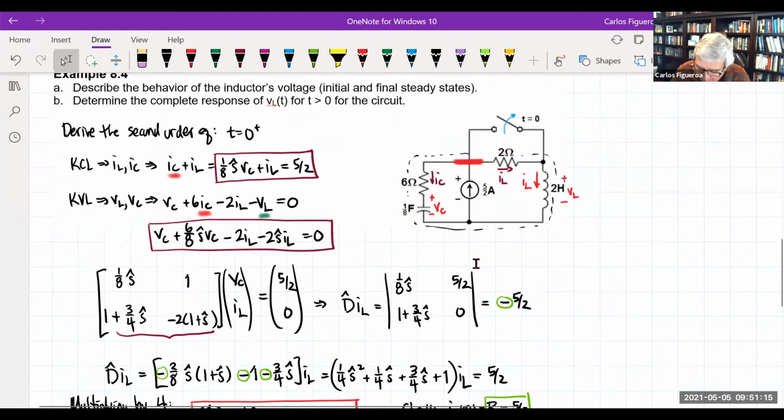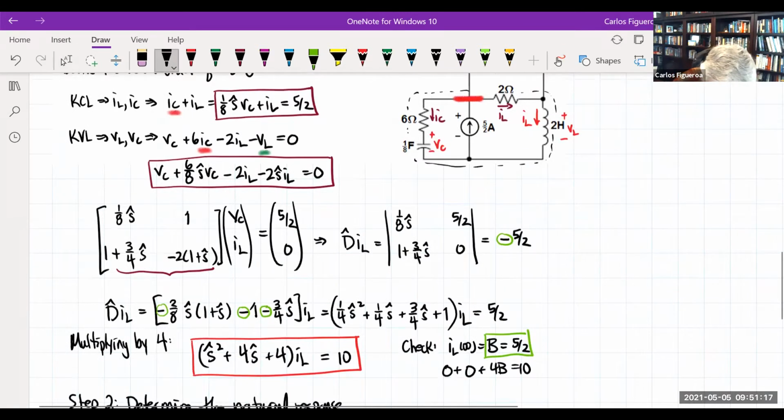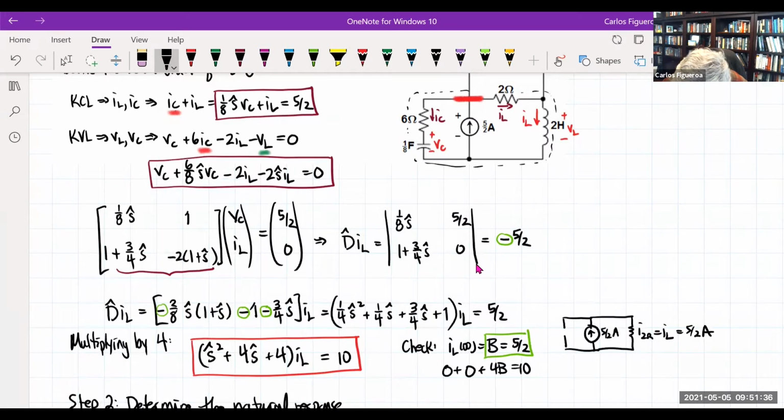So you could see here that at t equal to infinity, I'm going to get a circuit that looks like this. I get an open. I get 5/2, and then I have a 2 ohm. But I know that the current of the 2 ohm has to be the current of the inductor, and of course, that's 5/2 amps. Okay, so that checks out for us.